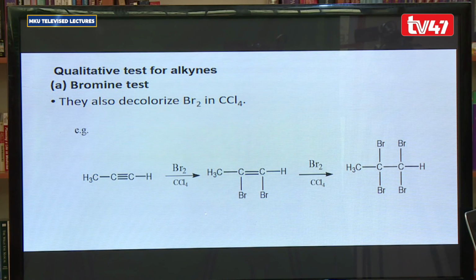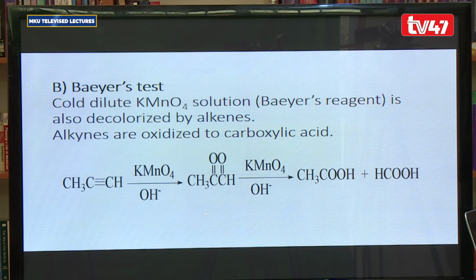For example, the decolorization of bromine water: alkynes, just like alkenes, will decolorize bromine water by reacting with the bromine and removing it from the solution, and the same with bromine in carbon tetrachloride. This will not help you differentiate between alkynes and alkenes, but it will help you differentiate alkynes and alkanes, identifying the existence of unsaturation.